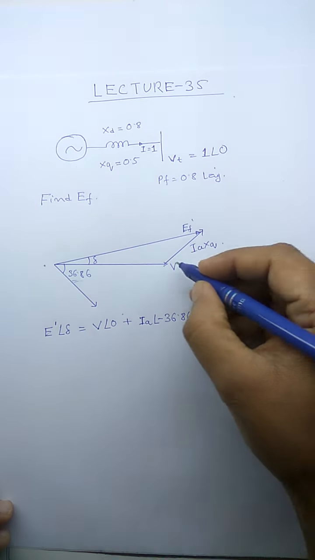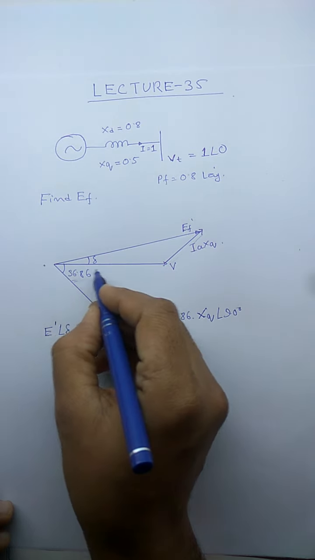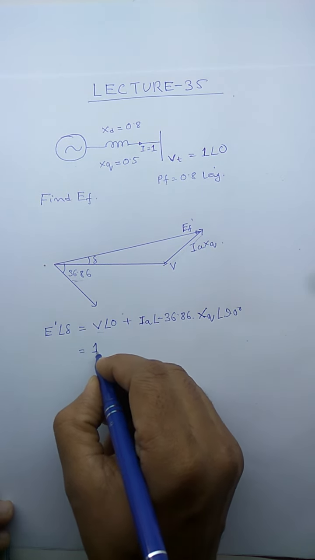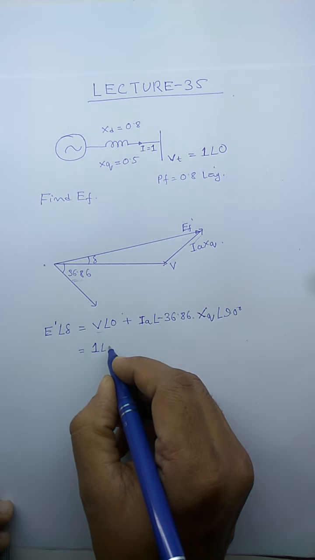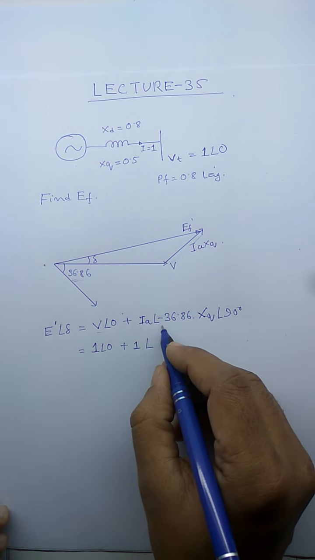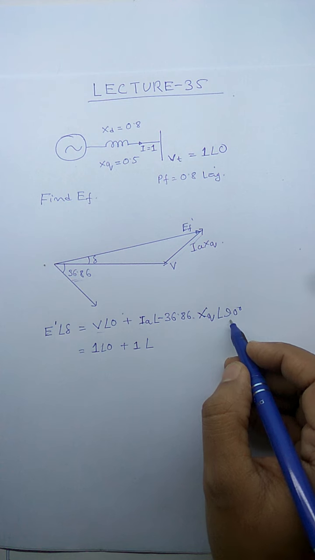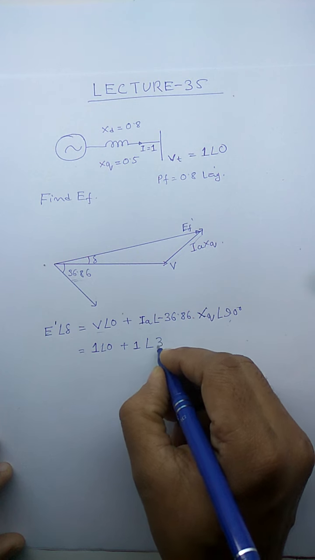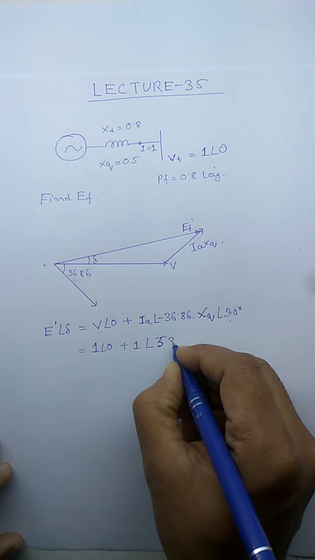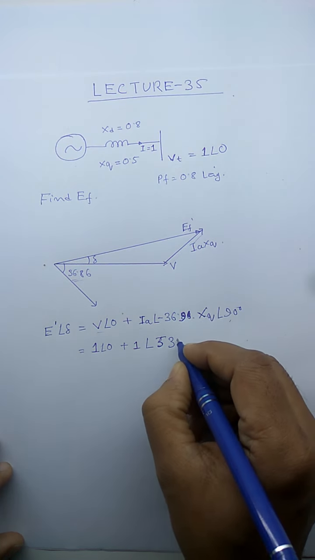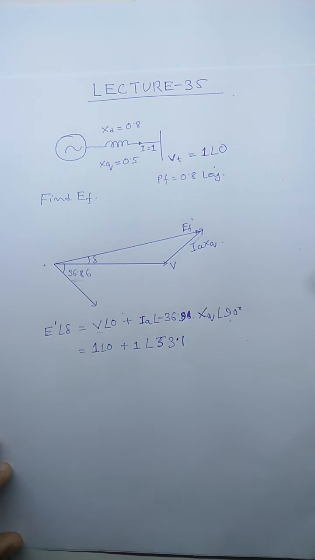So this represents this line, and this represents this line; we want to find this line. If you substitute the values, since it is given in per unit, it is 1 at an angle 0 plus IA, which is also 1 at an angle of minus 36.9 degrees, plus 90 degrees. It will give you 53.1 degrees.